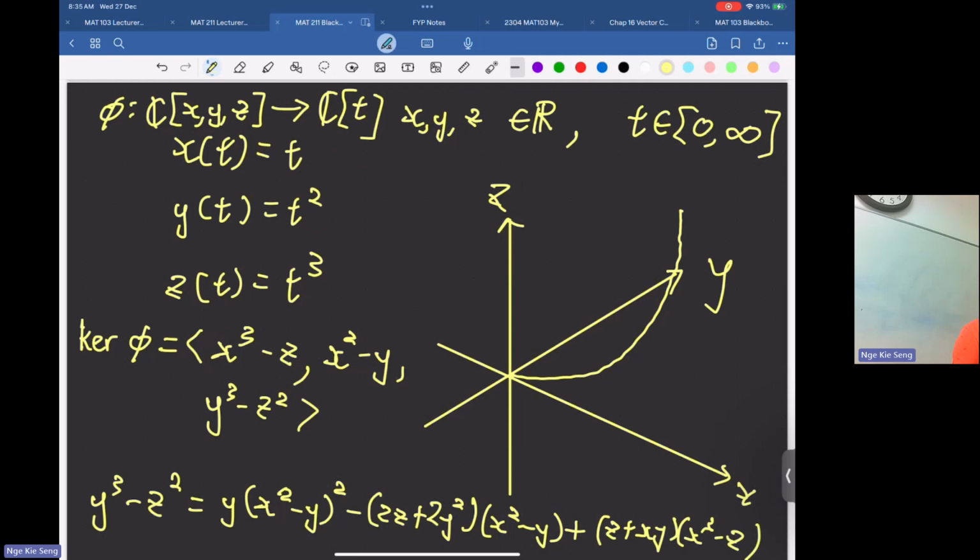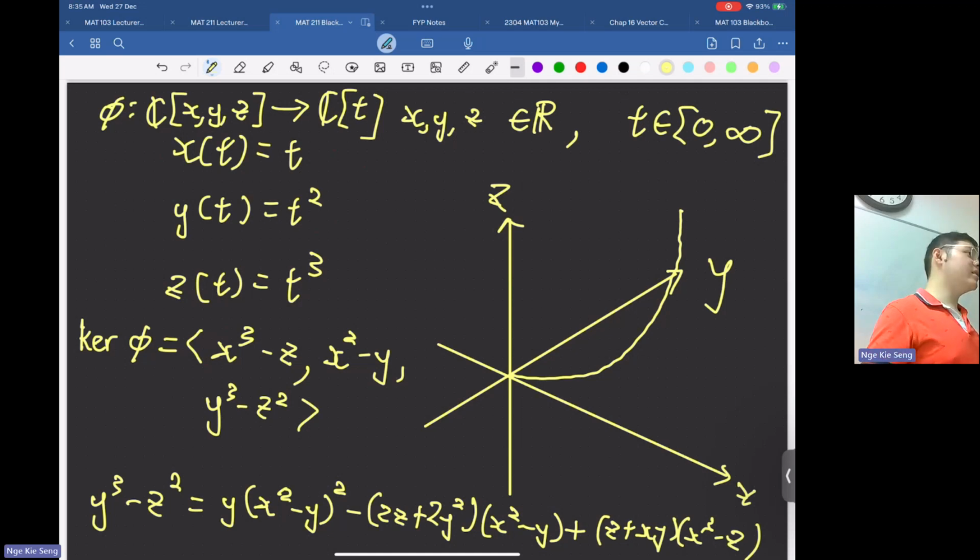Maybe you will ask me how you get this linear combination, with the coefficients so complicated. Actually, I don't immediately get this. First, minus z squared plus zxy is equal to some linear combination of x cubed minus z and x squared minus y.